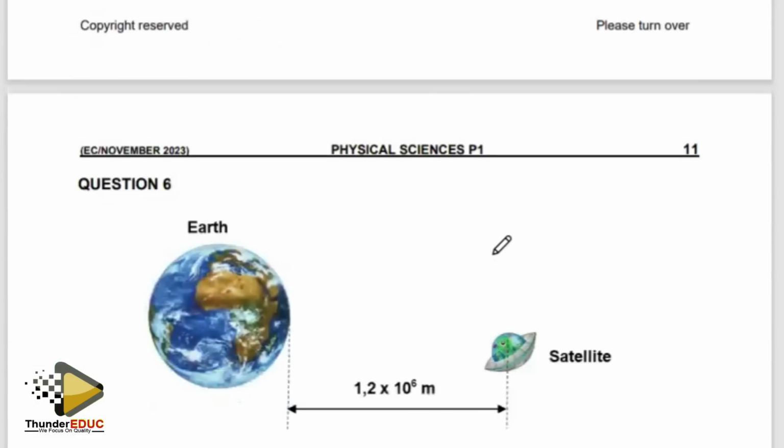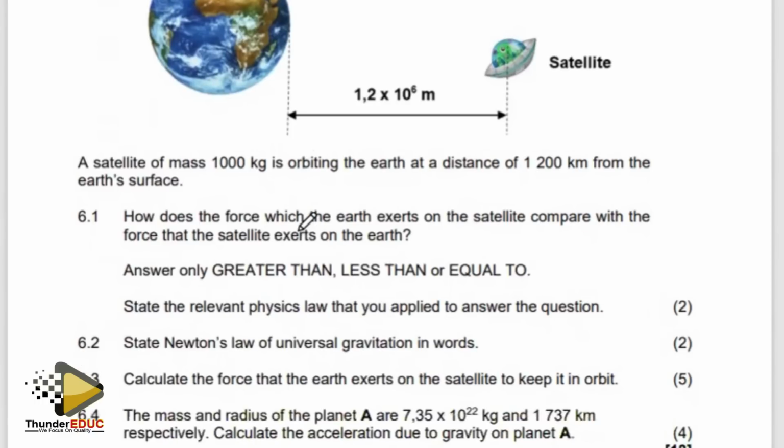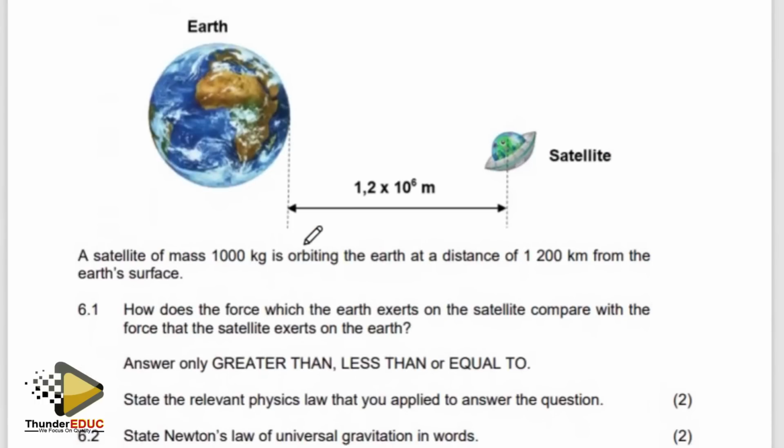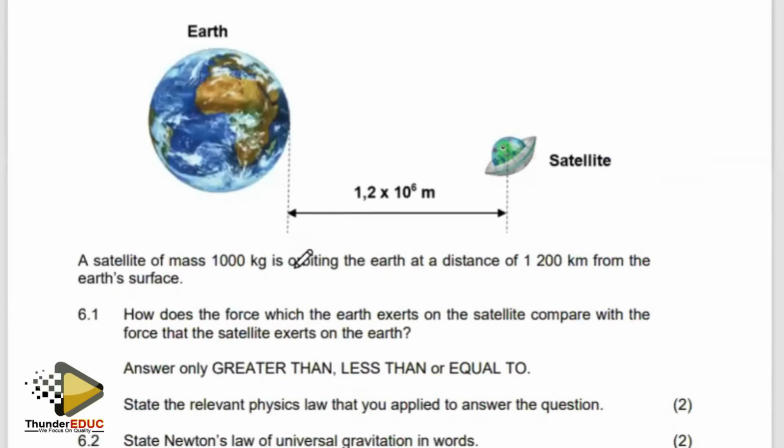We move on to question number 6. This is more about universal gravitation of Newton. You just need to know the formula and the concepts of how it works. So if we have the Earth and the satellite being separated by 1.2 times 10 to the 6.